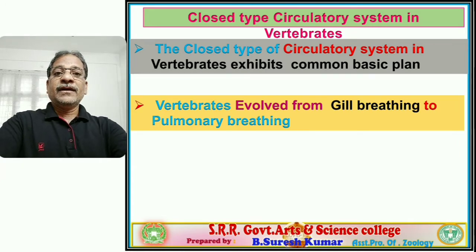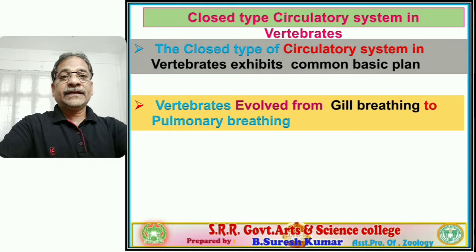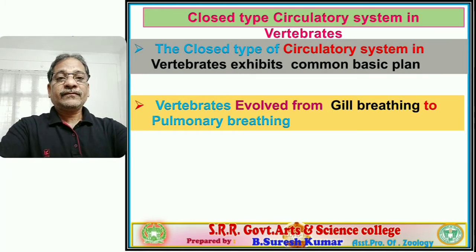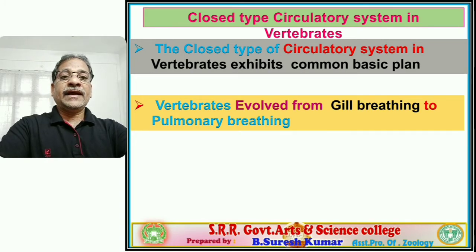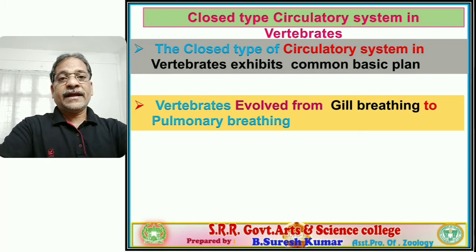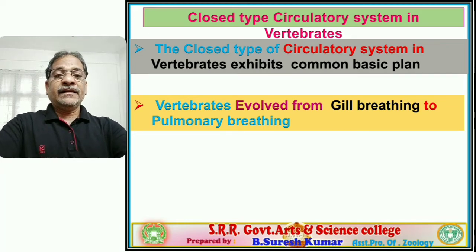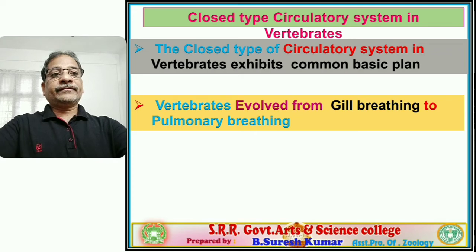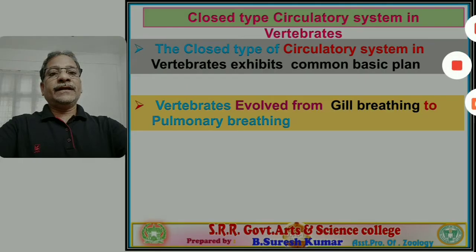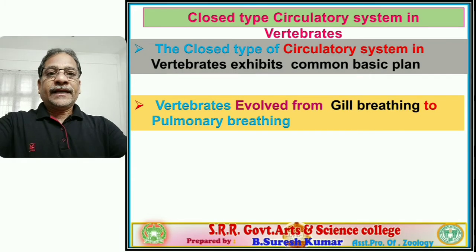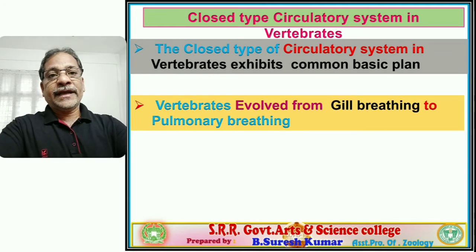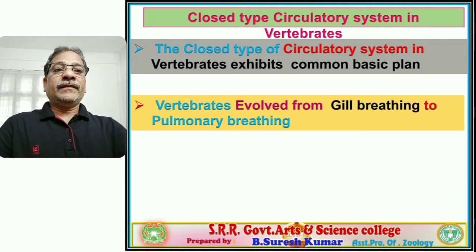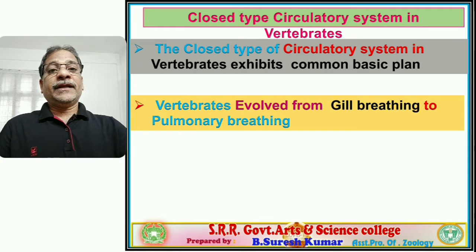For example, the first vertebrate groups you observe, cyclostomes and fishes, are all gill breathing individuals. They reside in water. They are aquatic forms, and they gradually started to evolve from gill breathing to pulmonary breathing.